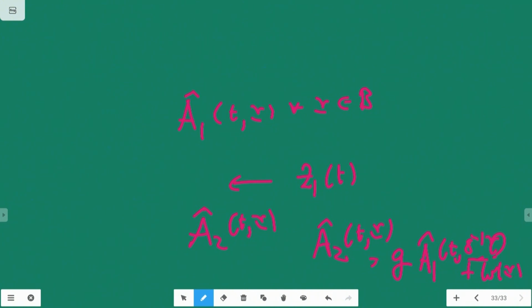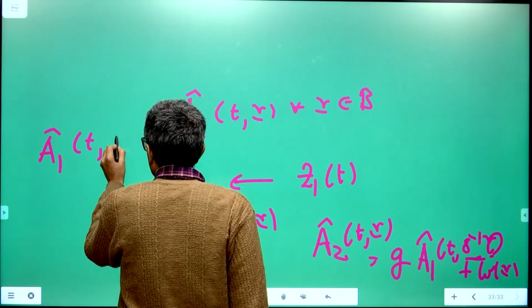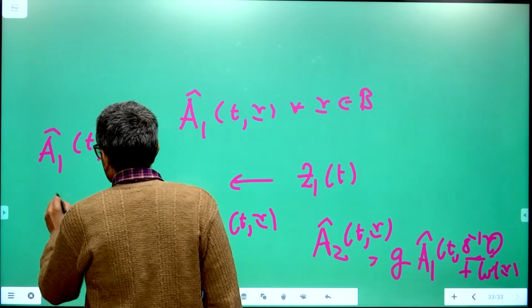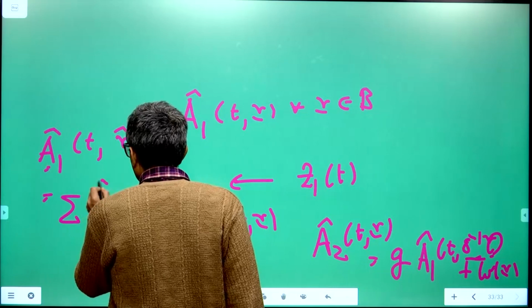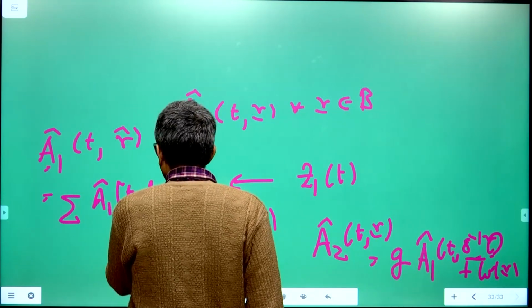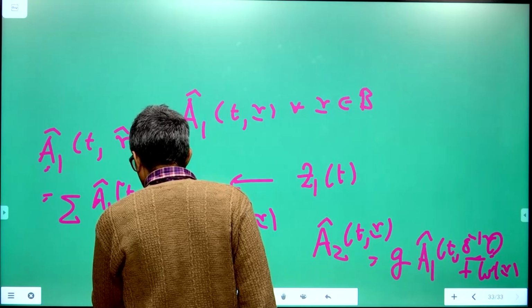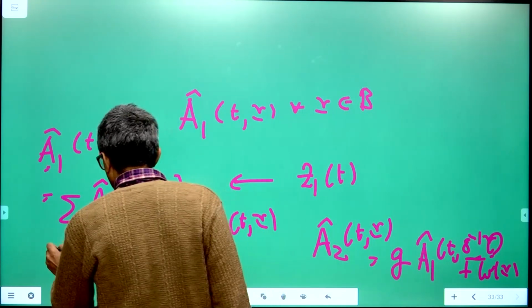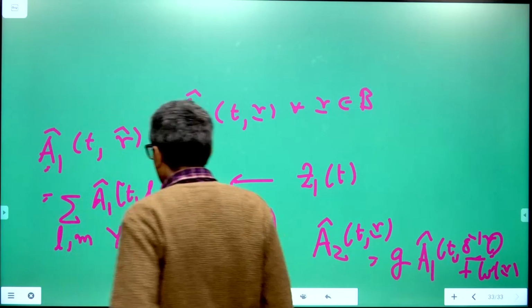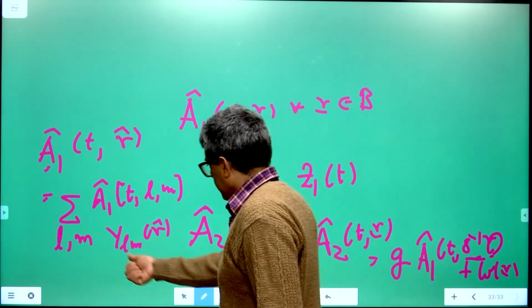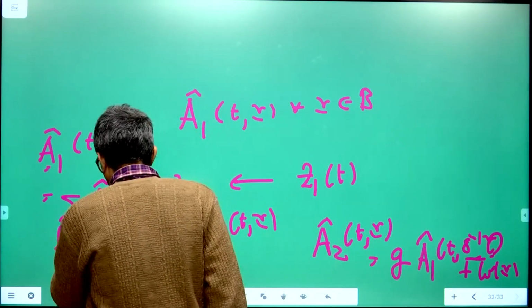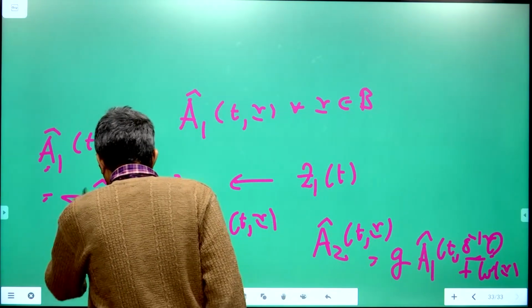So you simply write A1 cap of T, let us say on the surface of a sphere of a given radius, as a summation of A1 cap of T Lm times Y Lm of R cap, where these are the spherical harmonics, and then see how G acts on it. A1 hat is a vector, so when G acts on this I will get a representation.